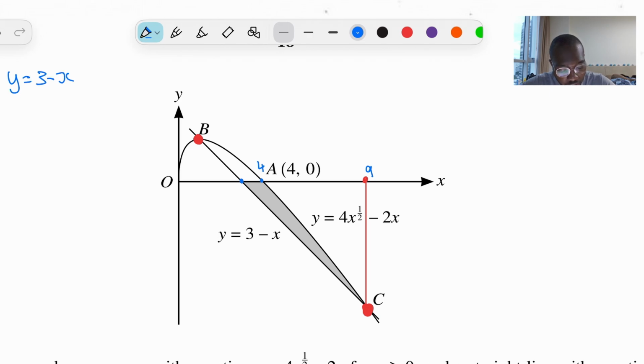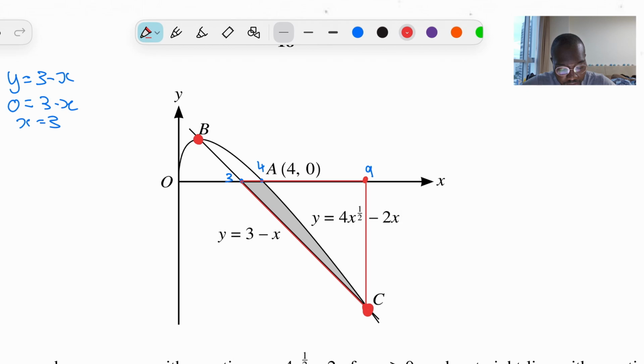Where does that line cross the x-axis? Well, we can make y 0, and we get x is 3. So just like that, we know that this is 3. Now, why is that important? Because if we think about the area of this triangle here, this would be a right angled triangle, and we can work out the area of that, no problem.